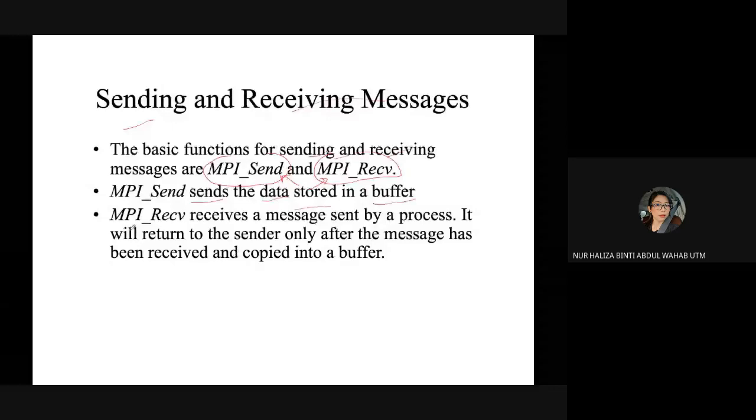MPI_Recv receives a message sent by another processor. It will return to the sender only after the message has been received and copied into a buffer. So this is the differentiation between MPI_Send and MPI_Recv.